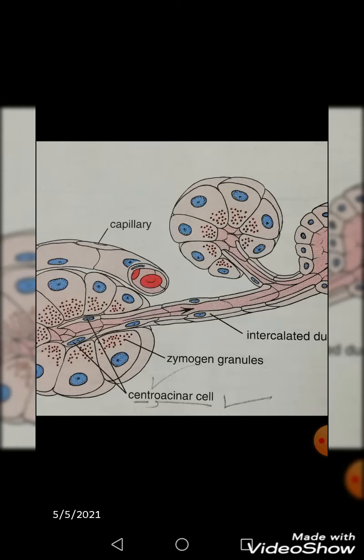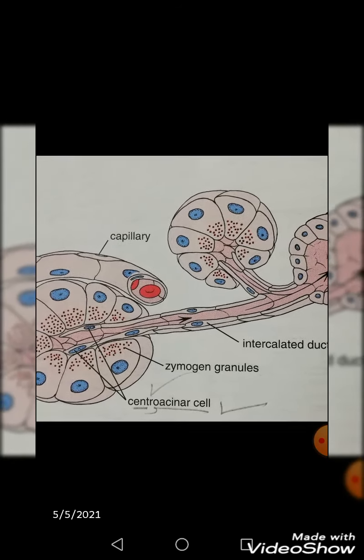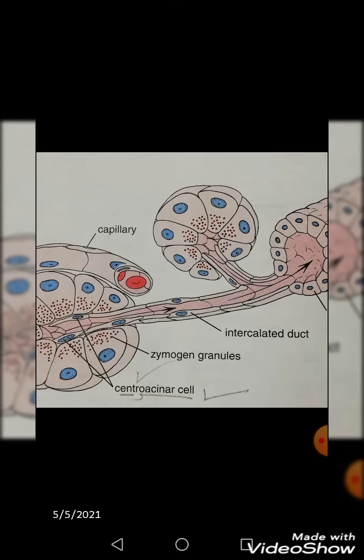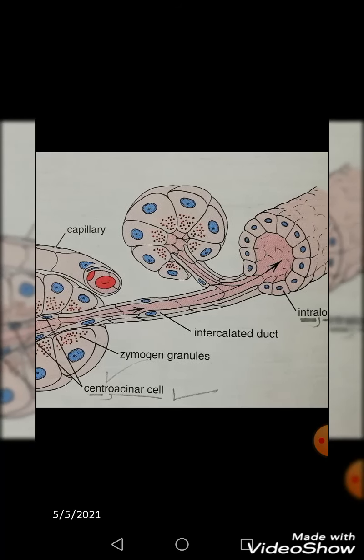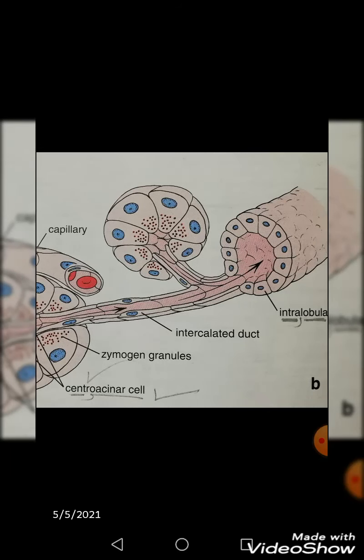These intercalated ducts start within the cavity of the acinus and they exit out, and they merge and join to form the intralobular duct. And now we expect that so many intralobular ducts are going to merge to form the interlobular duct. That interlobular duct, so many ducts will join the main pancreatic duct that we have seen already, that is going to open into the major duodenal papilla.